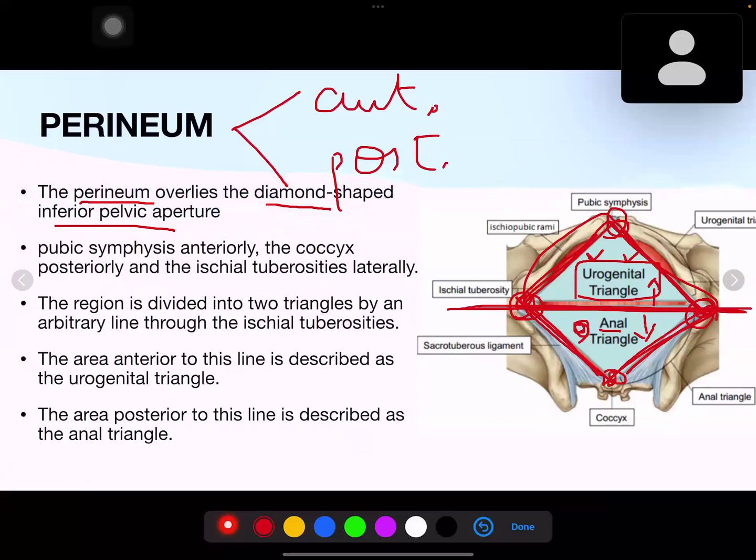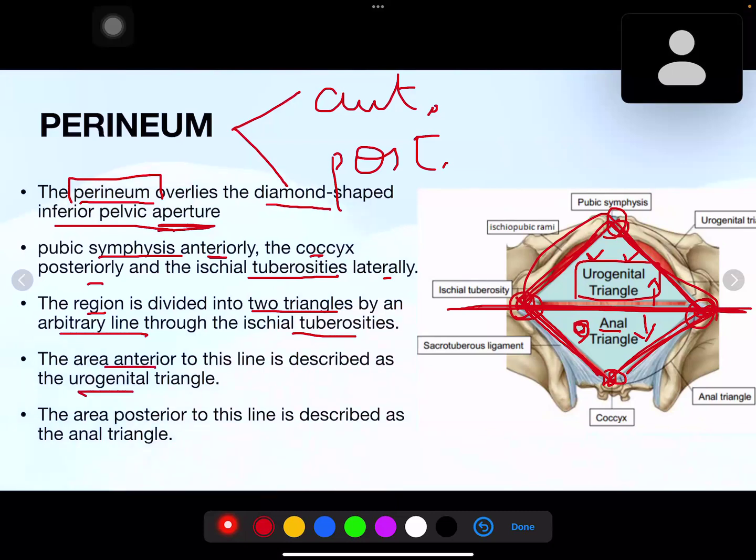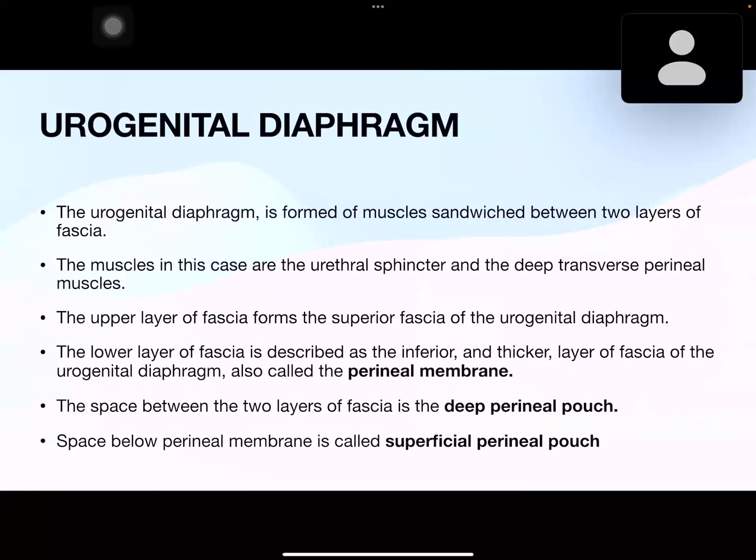The perineum overlies this outlet, the inferior pelvic aperture, with the pubic symphysis anteriorly, the coccyx posteriorly, and the tuberosities laterally. This region is divided into two triangles by an arbitrary line through the ischial tuberosities. The area anterior to this line is the urogenital triangle, and posteriorly is the anal triangle. Okay, so this is the basic perineum structure. Now, what is the urogenital diaphragm?